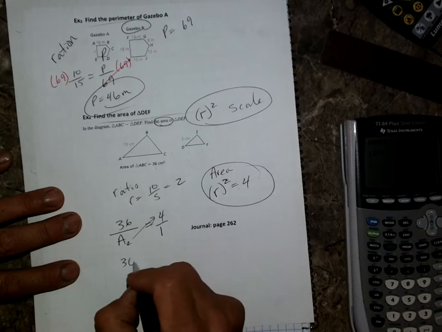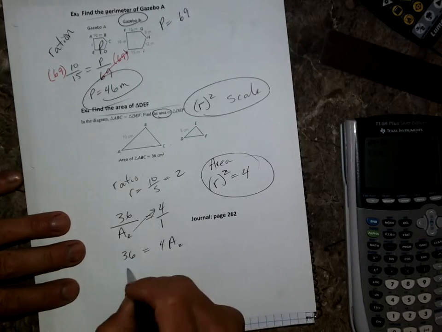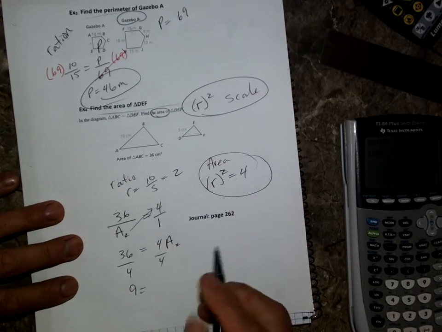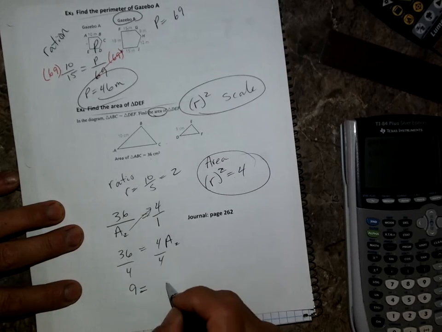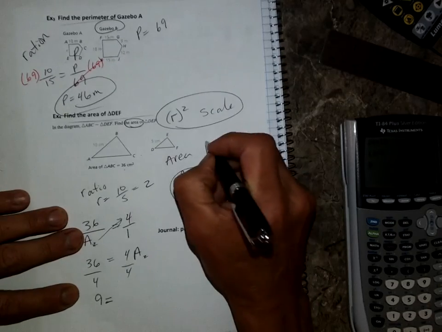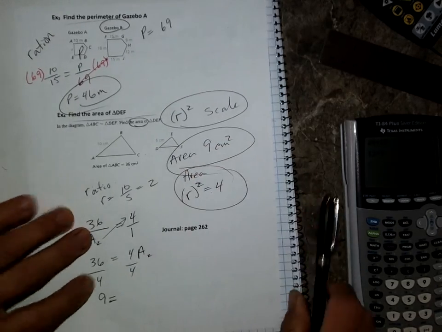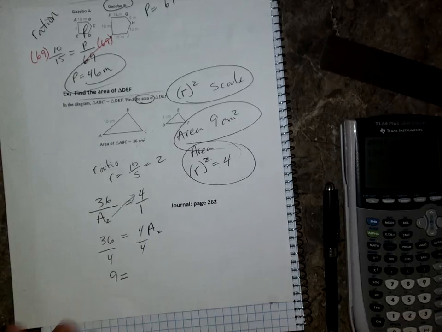I'm going to go 36 is equal to 4 times my area. And then I'm going to divide by 4, and I get 9. So it's really going to be 4 times as small. Okay, so the area of this one is going to be 9 centimeters squared. Okay, all right, that's a little tricky. If we had a test this year, that's a pretty typical question on the test.